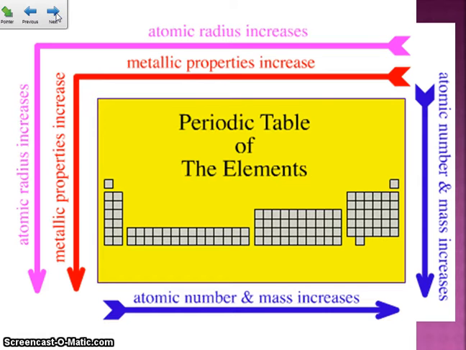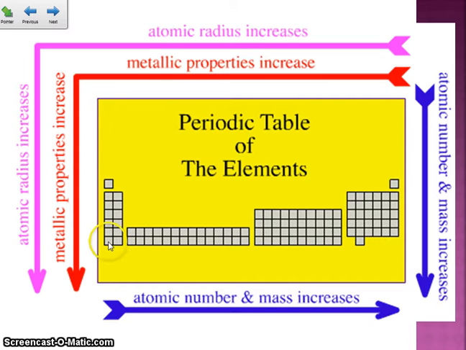Some other trends that you need to understand. So atomic radius, that's how big the atom is. Okay, we know that as you go to the left they get bigger, and as you go down they get bigger. Okay, metallic properties. We learned about metals and nonmetals last trimester. If you go from this corner up here, as you move across, metallic properties will increase, meaning they'll have more metallic properties.